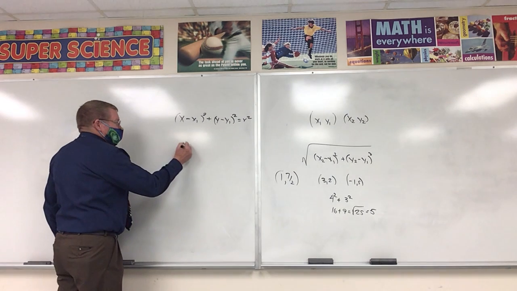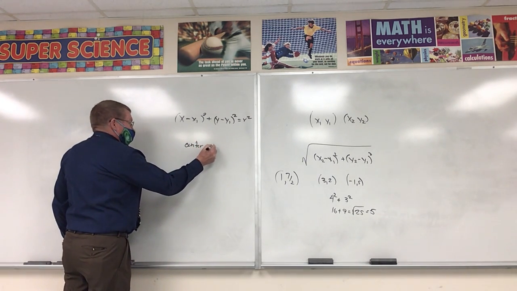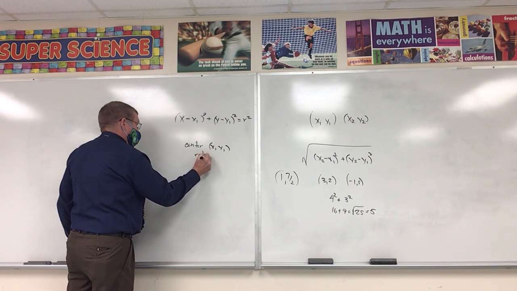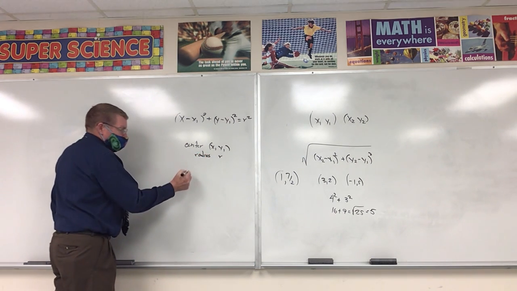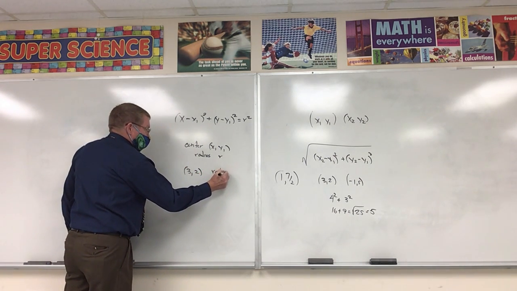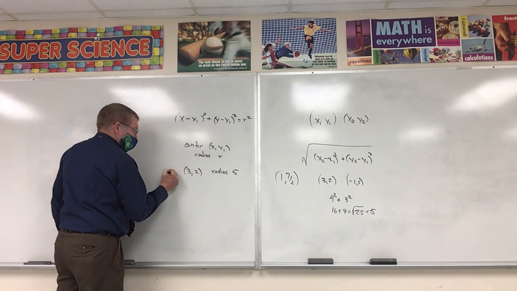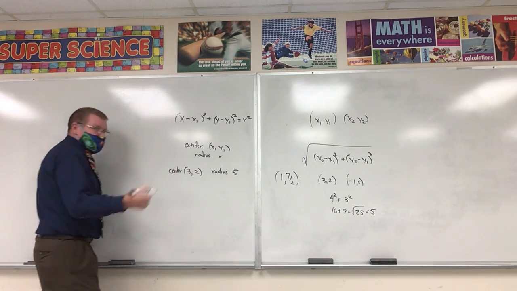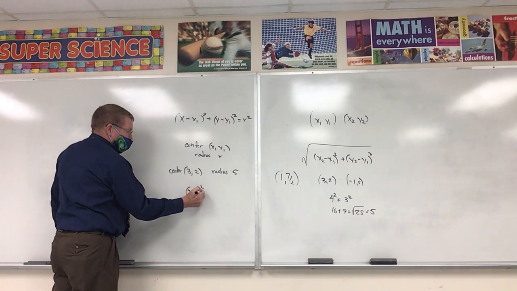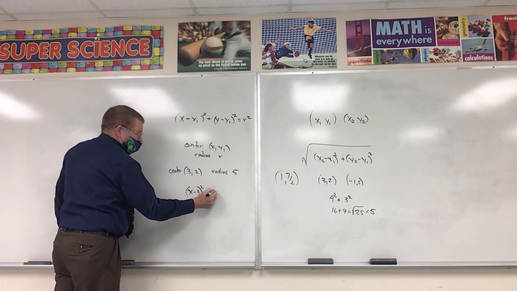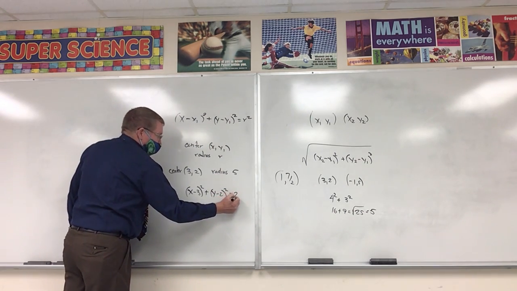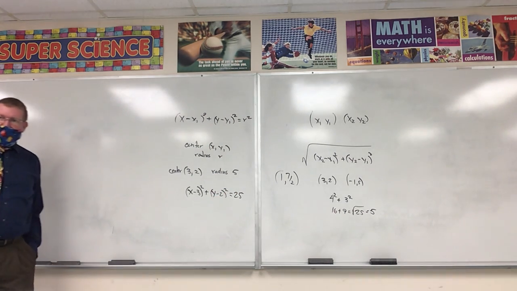So if my center is 3, 2, and my radius is 5, I can make my equation of my circle by taking 3 back in, x minus 3 squared, plus put my 2 in, y minus 2 squared equals 5 squared. There's the equation of the circle.